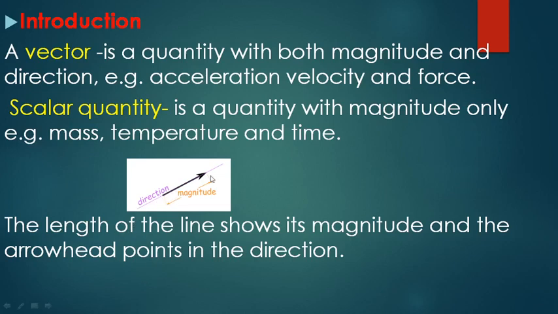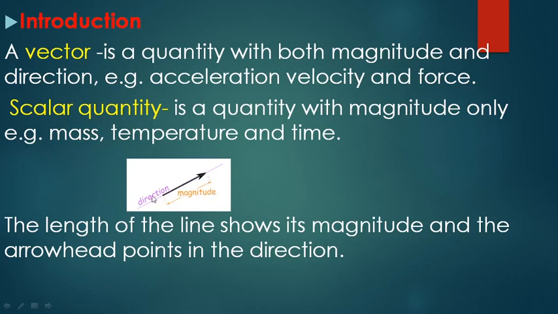In my diagram here, I've tried to show what we mean by magnitude. The pink color shows the direction of movement of this vector. This is a vector. And this one shows the magnitude. Magnitude means the length of it. You can measure the length from here up to here.